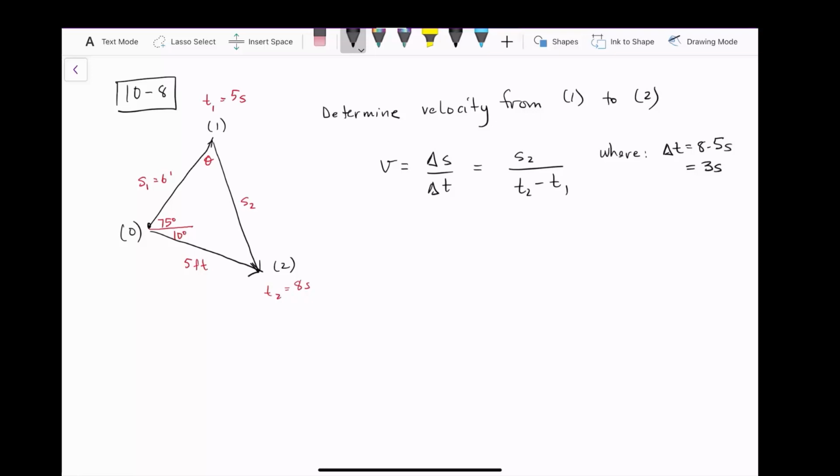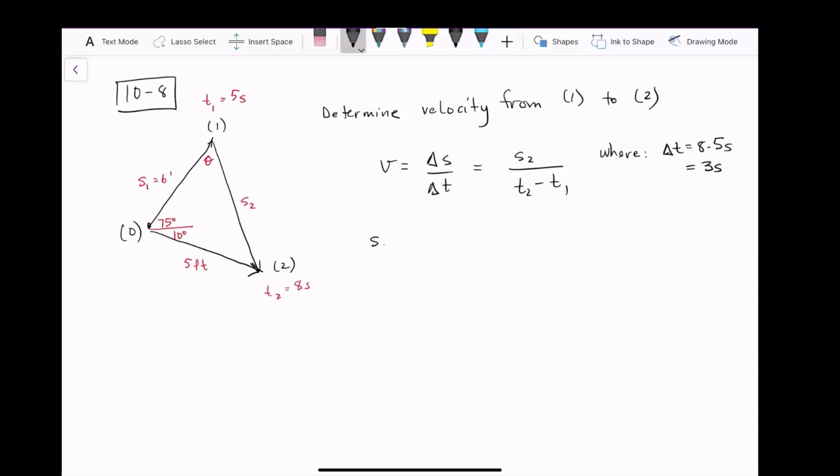So if that's the case, if you remember, there was a particular equation that we could use to solve for a side of a triangle that is not a right angle triangle, where we have its opposite angle, but we don't have any other angles, as long as we also have the other two sides. And that is the cosine law. So that is written as follows.